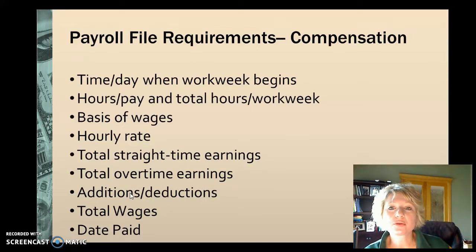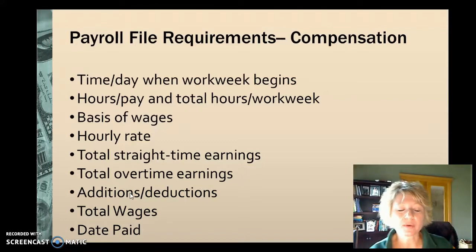Now, in order to make sure that the company is following payroll guidelines, they must follow some type of payroll compensation laws or rules. The time and day when the work week begins, the hours and pay along with the total hours per week, the basis of their wages, the hourly rate, total straight line earnings, total overtime earnings, along with additions, deductions, total wages paid, along with the date paid.